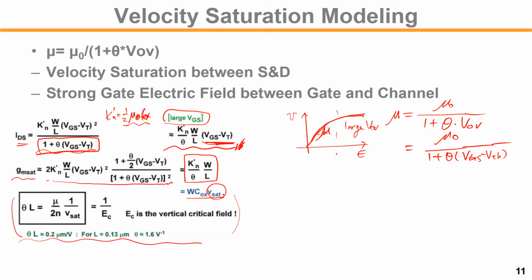So what you have to remember is that mu can be modeled like this. Having this kind of modeling gives us more flexibility, and it is easier to derive non-idealities.